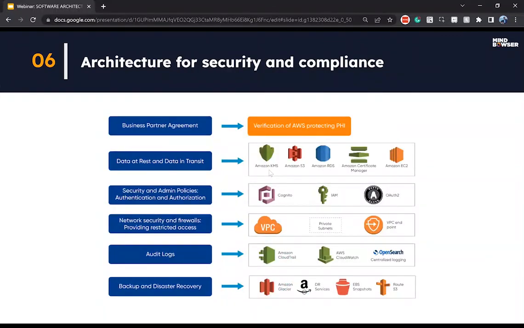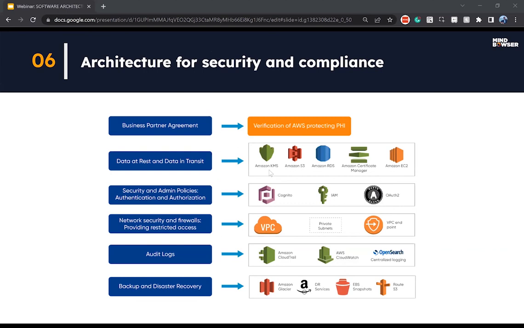Now this is kind of the final part of the presentation on the webinar side. We spoke a lot about security and compliance, but what exactly does it look like at the AWS level? What are the different elements when it comes to security and compliance for healthcare products, the HIPAA side of things? How exactly can we map those?